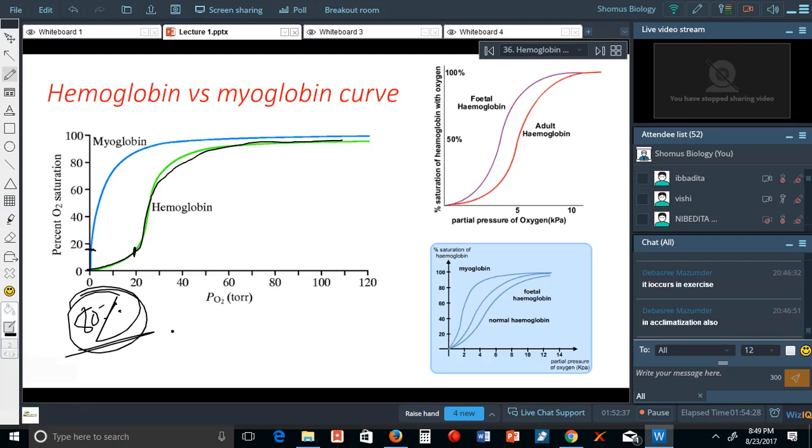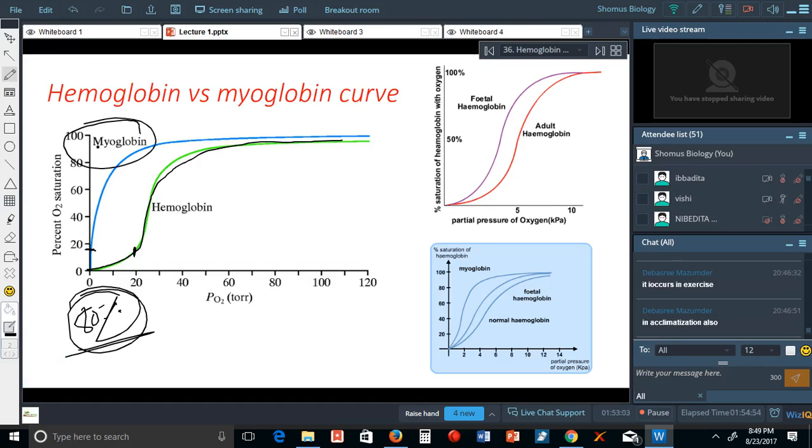So at a partial pressure of 20 torr, 80% of oxygen is gone. You don't have oxygen left. The hemoglobin can't supply the oxygen properly. You're gasping, and that's the point. Your body demands more oxygen. So for that reason, our body has a second oxygen reservoir, and that is known as myoglobin.